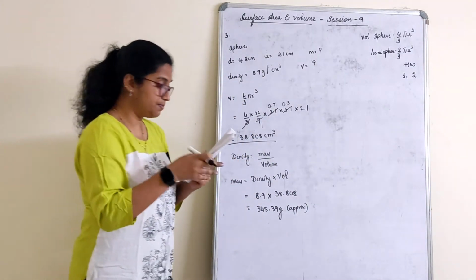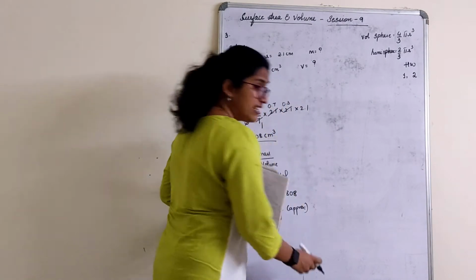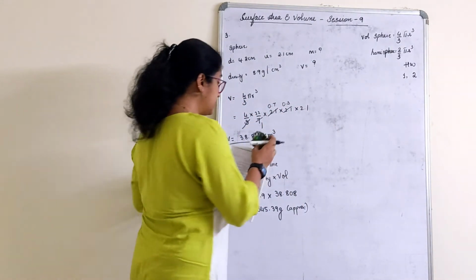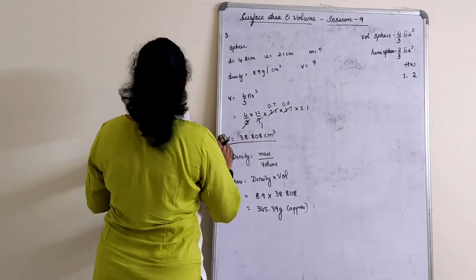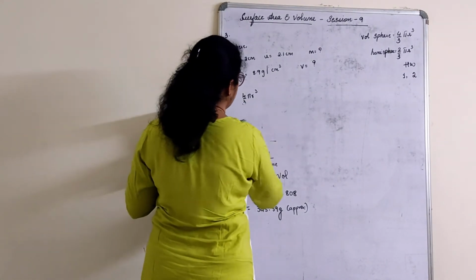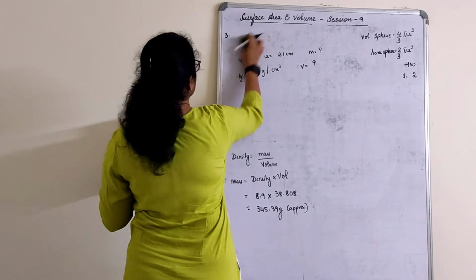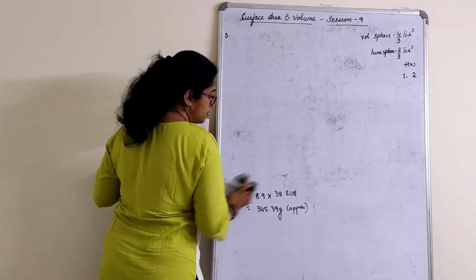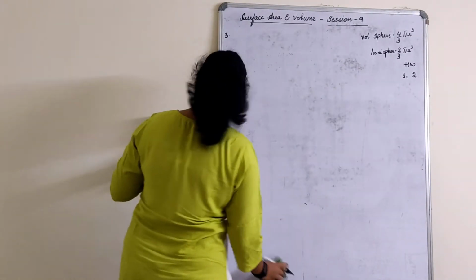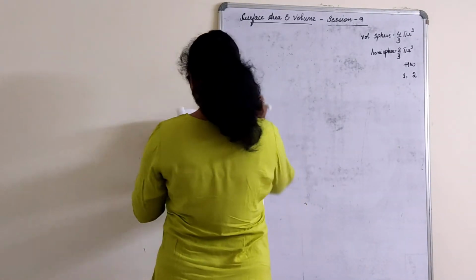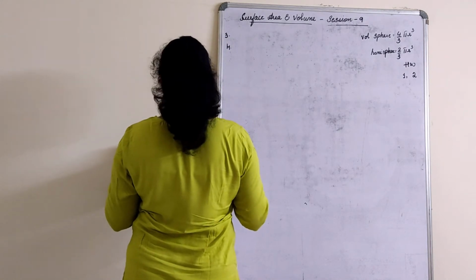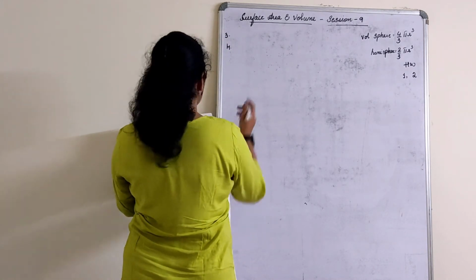Okay. The next one is similar. We had done this once: the diameter of the moon and radius. But that was with respect to the surface area, and now it is with respect to the volume. The diameter of the moon is approximately 1/4 the diameter of the earth.